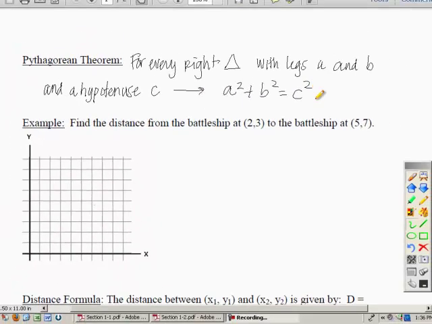Now please keep in mind it has to be a right triangle in order for Pythagorean theorem to work.